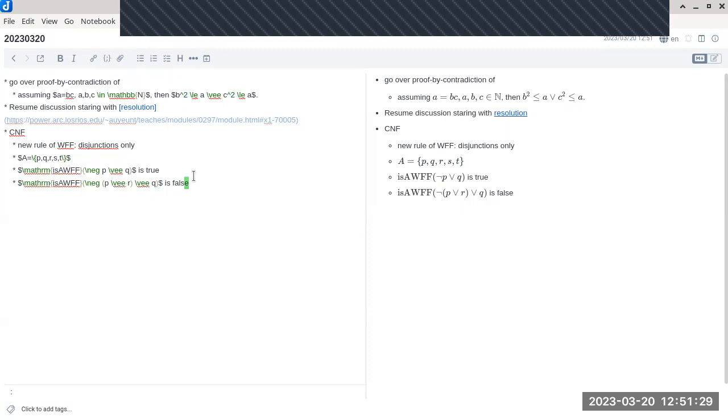Let me just double check with everybody. Does everybody understand why not (P or R), the whole thing, or Q is not well formed? Because it is not a disjunction of things that are directly coming from alpha or negation thereof.